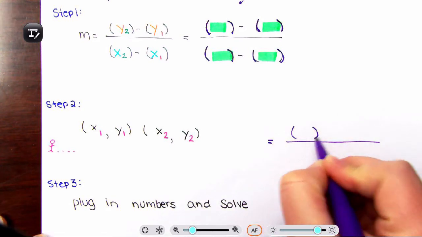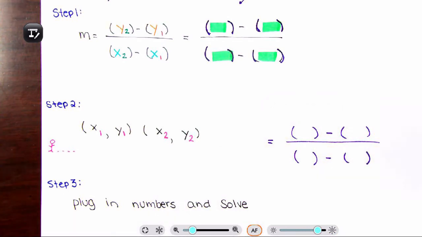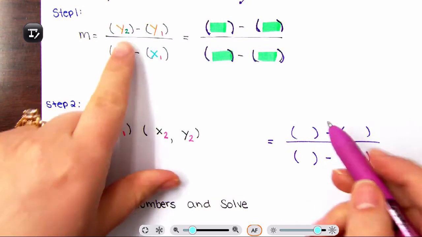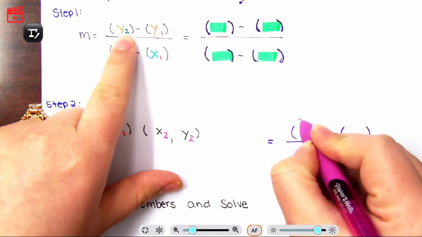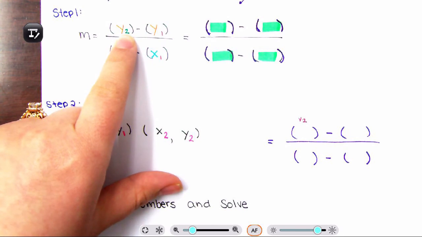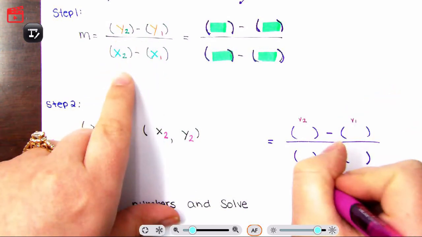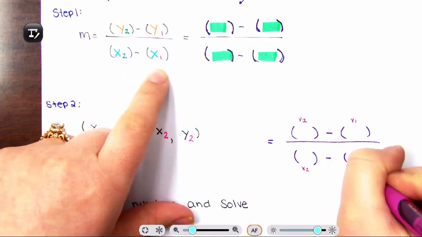Here's bubble minus bubble, bubble minus bubble. I'm going to take each value and put it into my equation. This bubble right here is my y2 bubble. I'm writing it on top because that's not what I want. I want the actual number. Here's my y1 bubble. Here's my x2 bubble. Here's my x1 bubble.